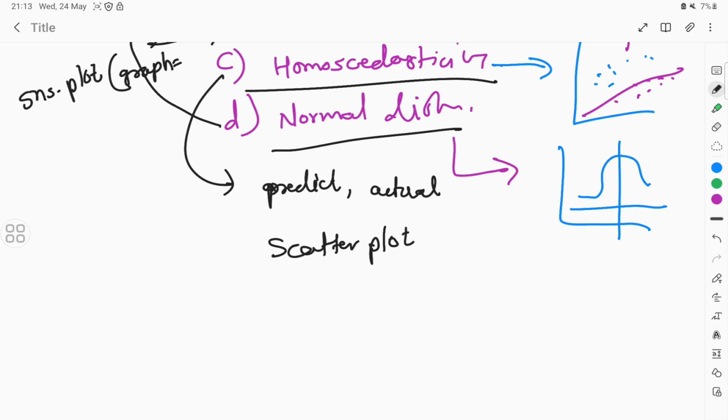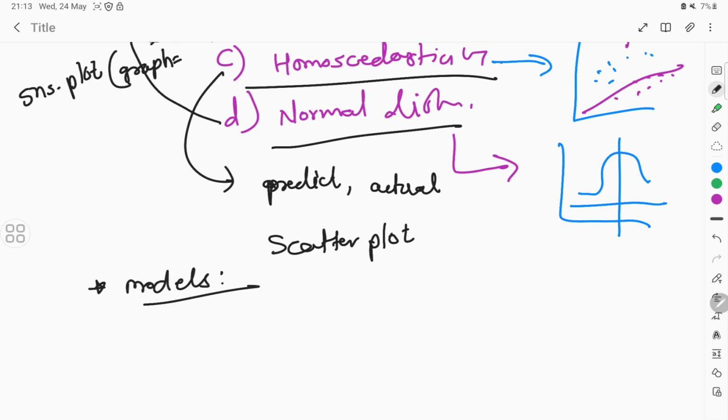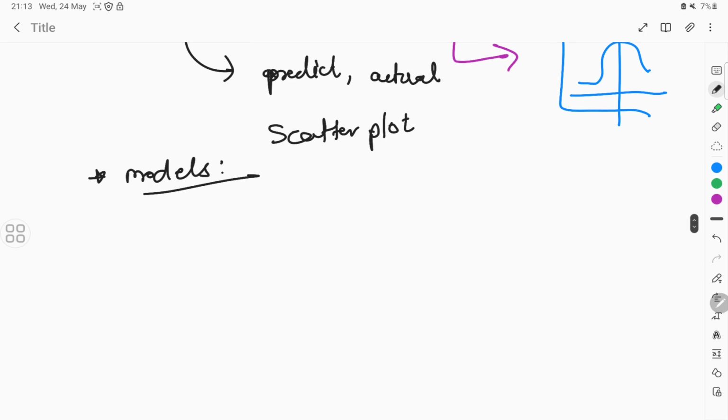Okay, after that many times they will ask which models you have selected, why, and why you moved to the next model. You should know the theory for each and every model, why you are using a linear model, logistic model, decision tree, random forest, or XGBoost.